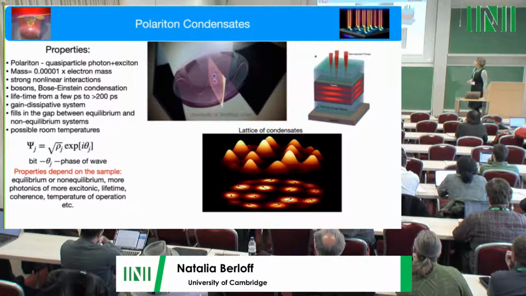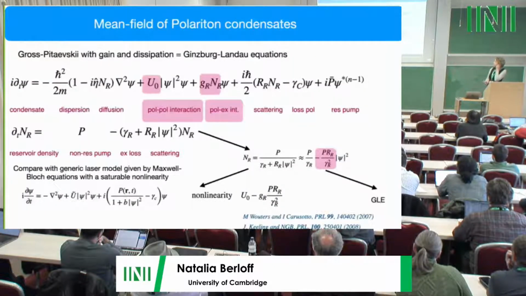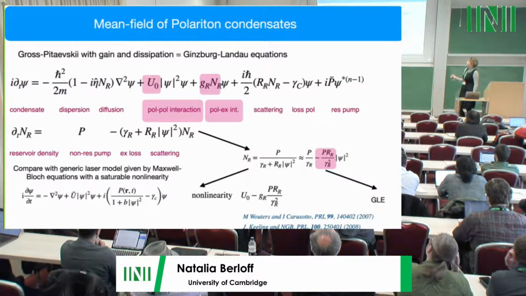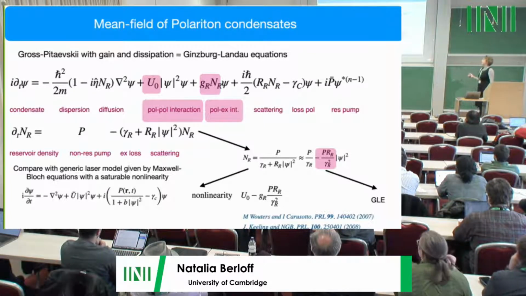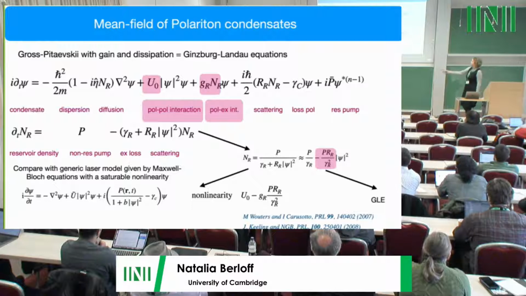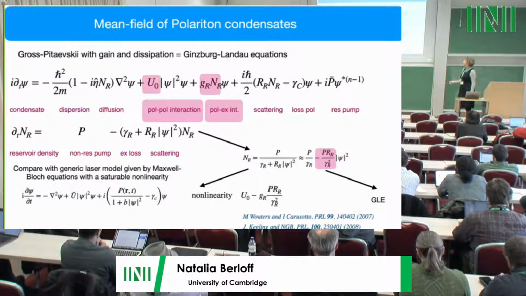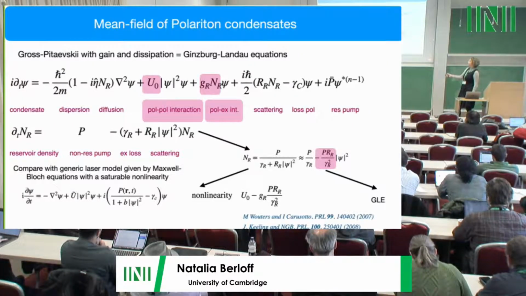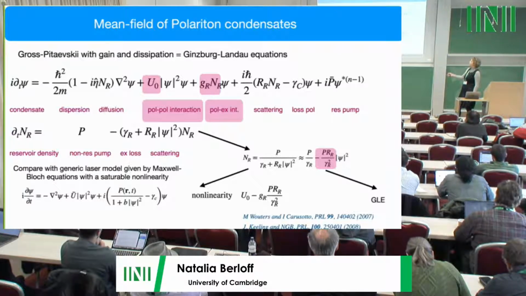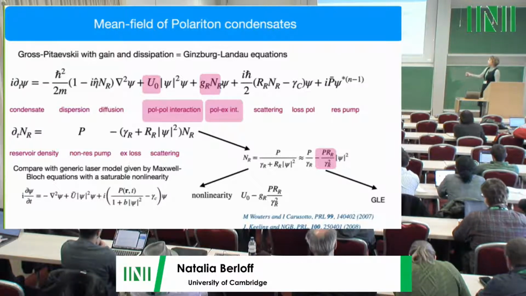Okay, one slide maybe on the modeling of this system. The usual model invokes the Ginzburg-Landau equation, because of Gross-Pitaevskii with gain and dissipation. So this is the equation that is very familiar to this audience. In the condensate, we have the usual kinetic energy, the dispersion, diffusion.